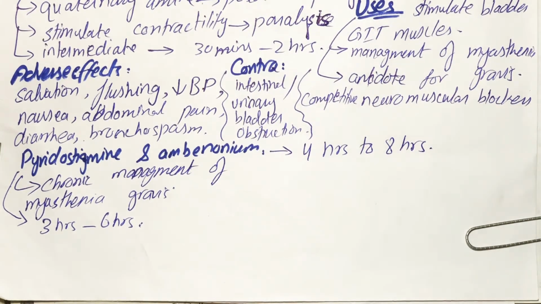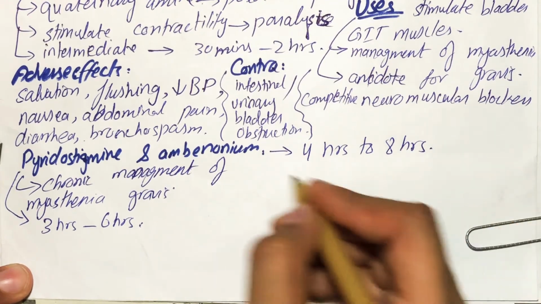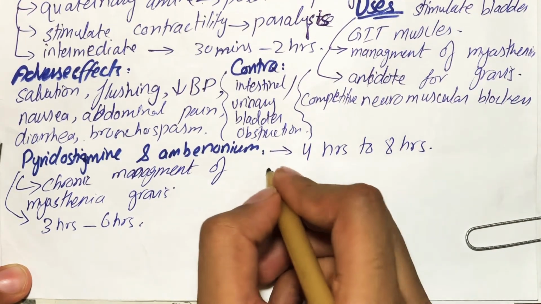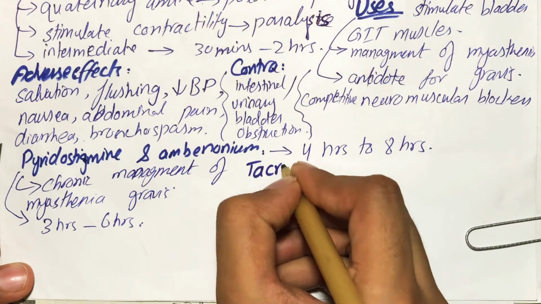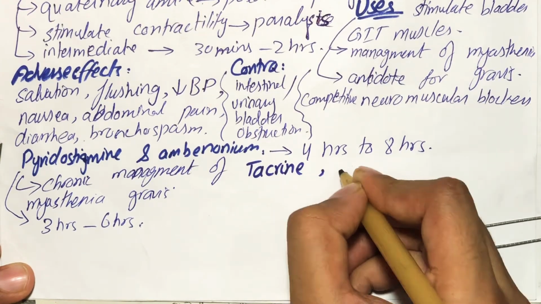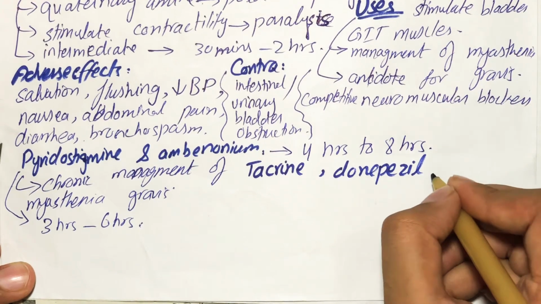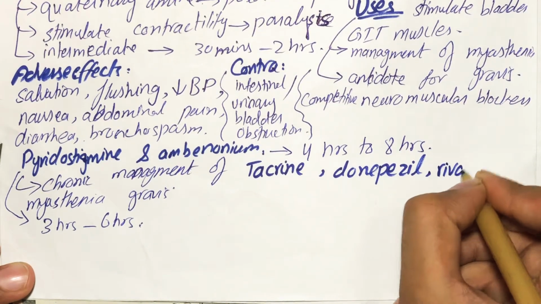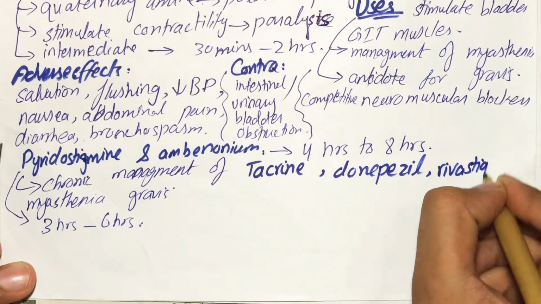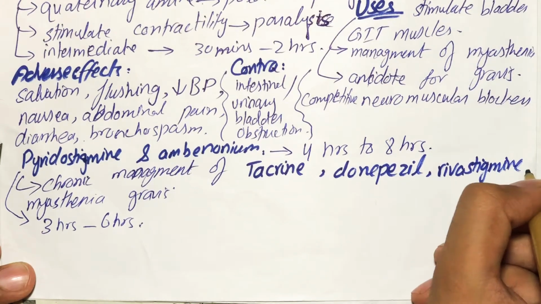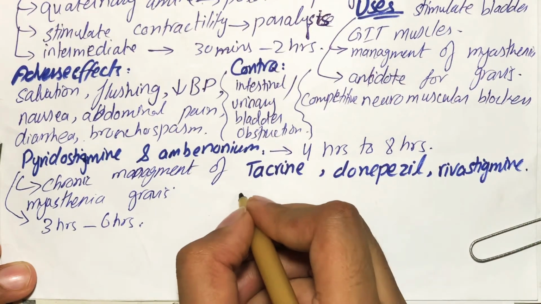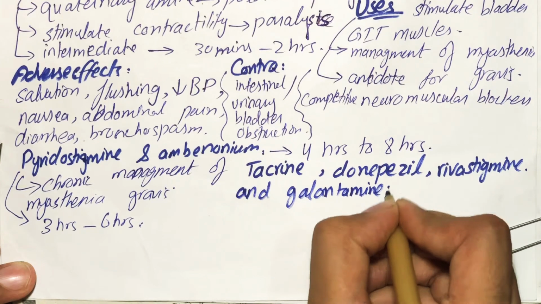So let's move on to the next agents, which are Tacrine, Donepezil, Rivastigmine and Galantamine.